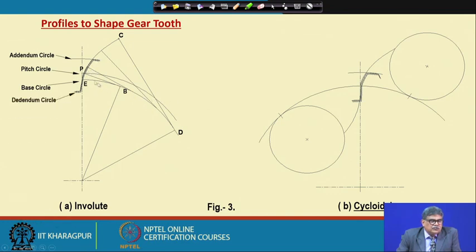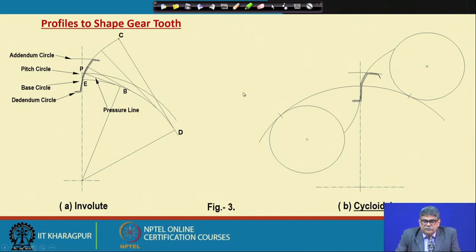However, this tooth may extend below the base circle, although this portion is not involute. This circle is called either the dedendum circle or the root circle, but this portion is not used for tooth contact, only for clearance. Similarly, this is called the pressure line or line of action, which passes through this pitch point.